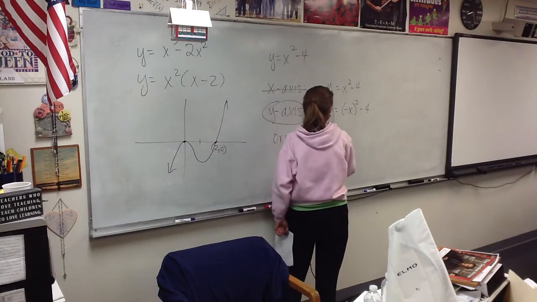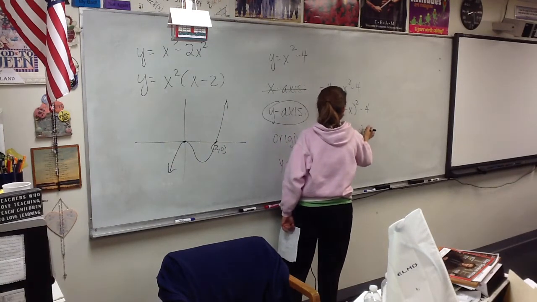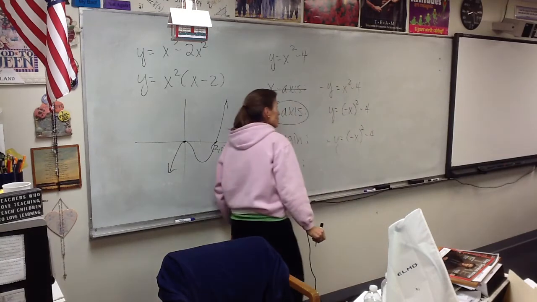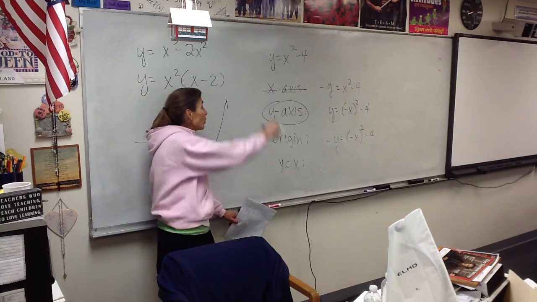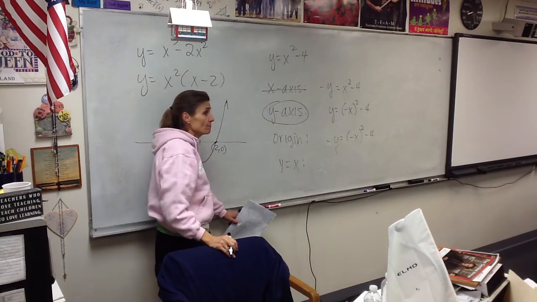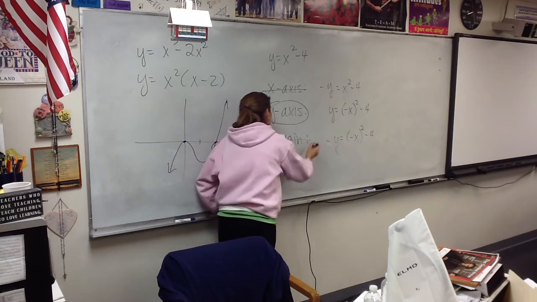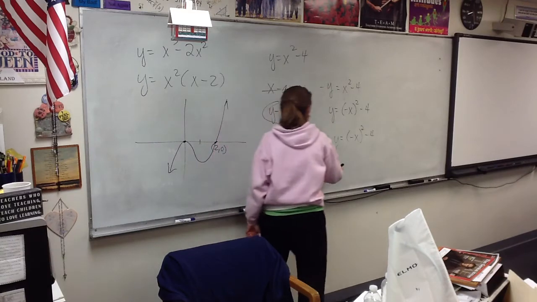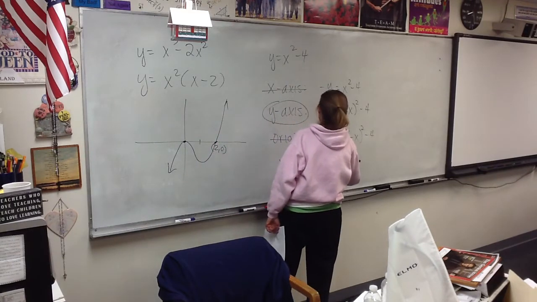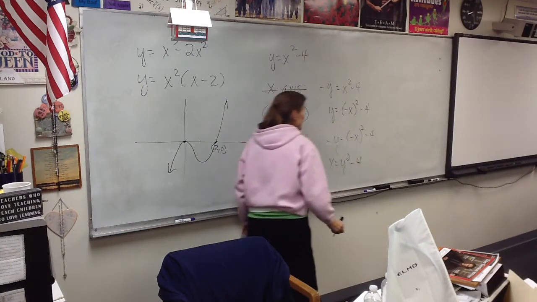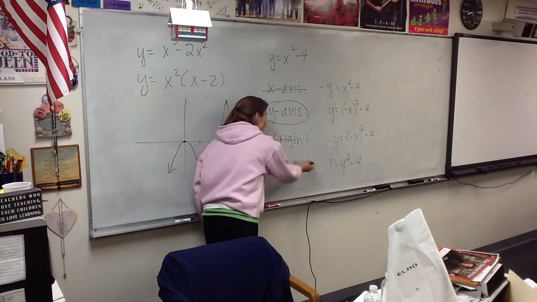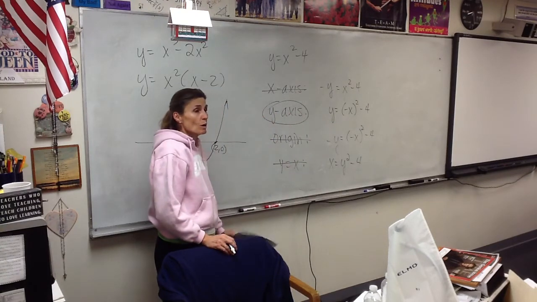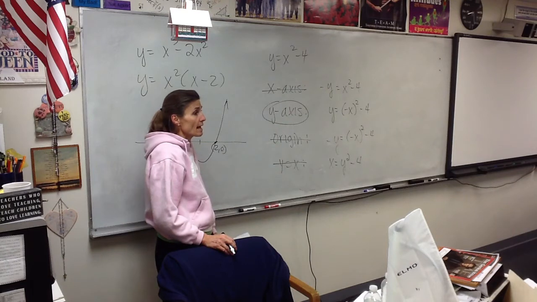So if you change the y's to negative and you change the x's to negative, would that be the same equation that you started with? No. And the test of symmetry about the identity line is we switch our variables. Clearly that is not the same equation, right? So this one only has one symmetry and it's about the y-axis.